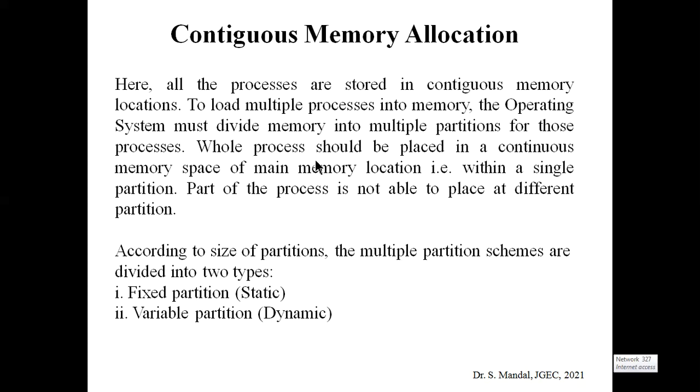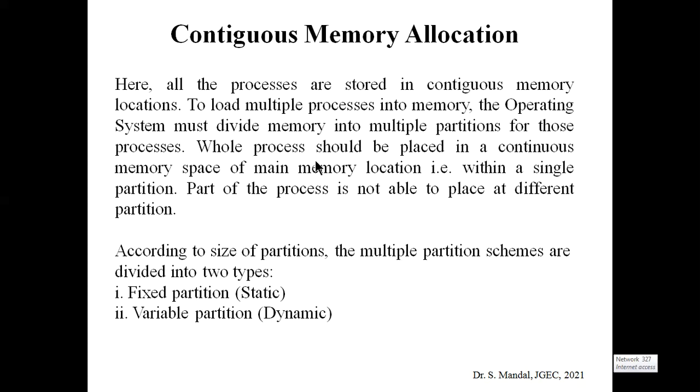It is not possible that we place part of a process in one partition and another part of the process into another partition. So in contiguous memory allocation, we need to place the whole process. Suppose a process P1 needs 4 kilobyte memory.